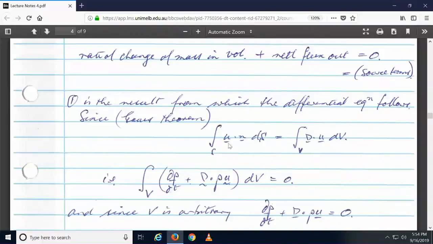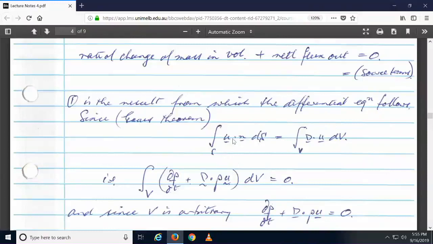Okay, so I'm going to change that surface integral, u dot n dS, to an integral over a volume. For every little volume, I'm going to work out the divergence of u. So I have u at x, and I'm going to take it as du/dx plus dv/dy plus dw/dz.